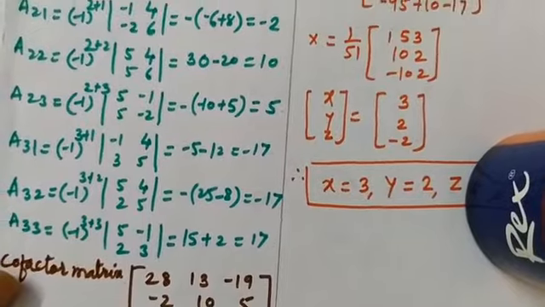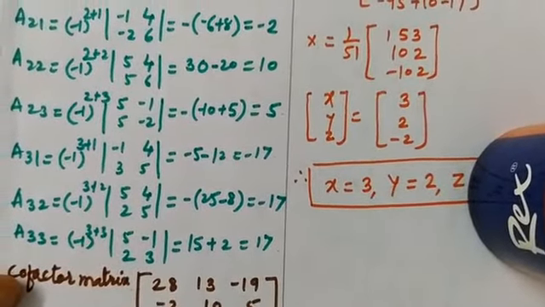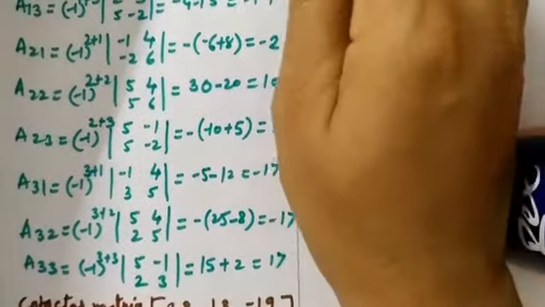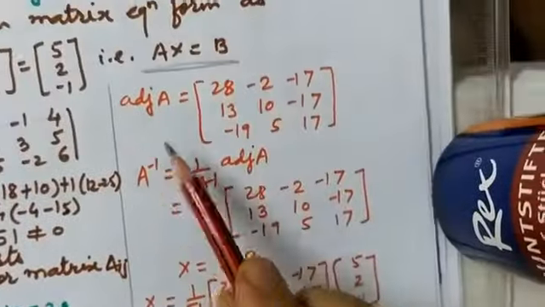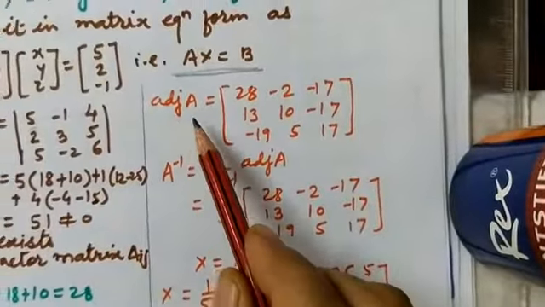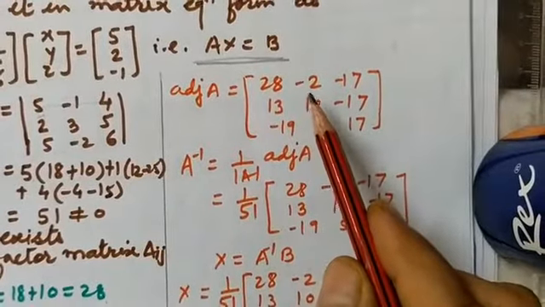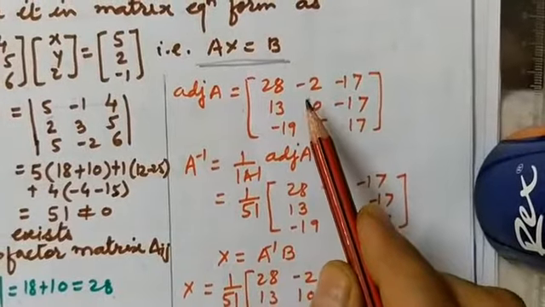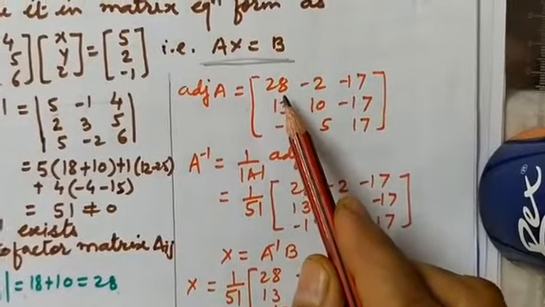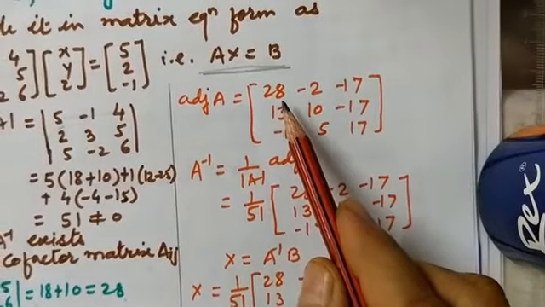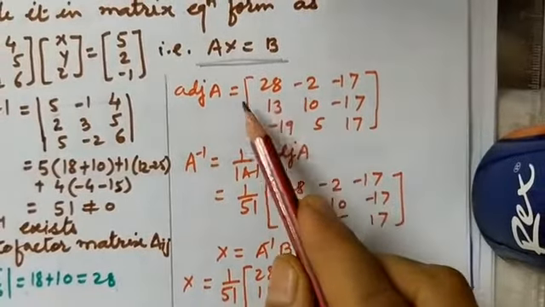See, the procedure of finding out the cofactor matrix is the same as in the adjoint method. Now come up to the adjoint of this matrix. Adjoint of A is equal to, now see the elements written here. We have seen the adjoint means the transpose of the cofactor matrix.